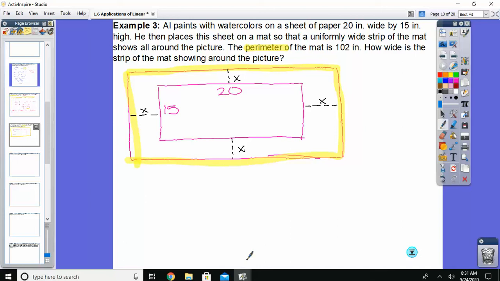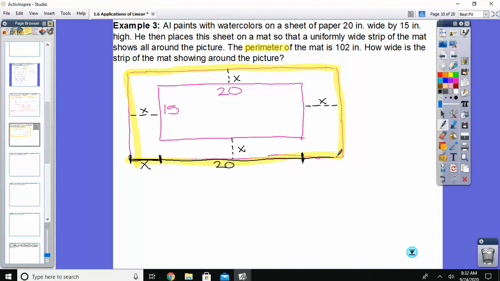I need the perimeter of this big rectangle. So I need the length and width of the big rectangle. Let's break it down. From here to here, how far is it? It's a distance of x. How far is it from here to there?